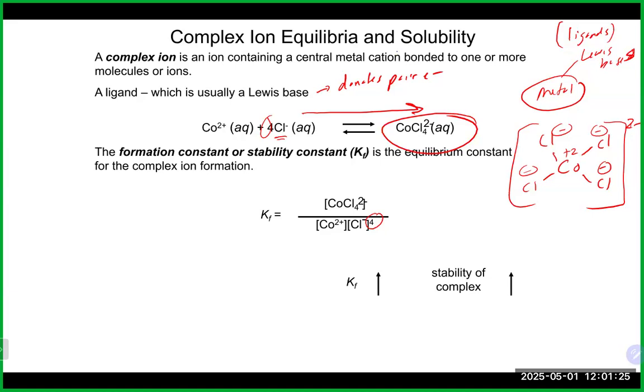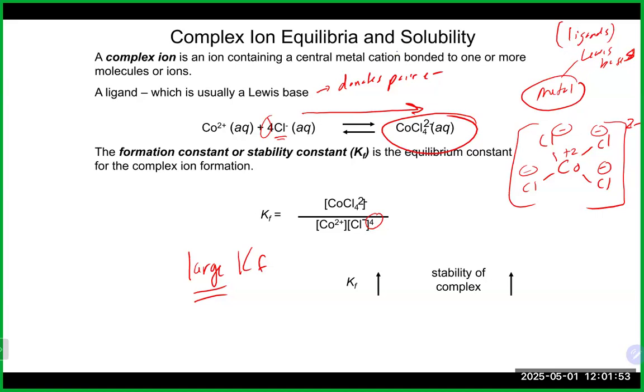Now, this is almost like the extreme to what we talked about with Ksp. Ksp was really, really small values of K. Kf is actually the other extreme. Kfs are really large values. So typically, Kfs are really large values that you see, and that's very different than what we see with Ksp, which is typically the opposite, really, really small.